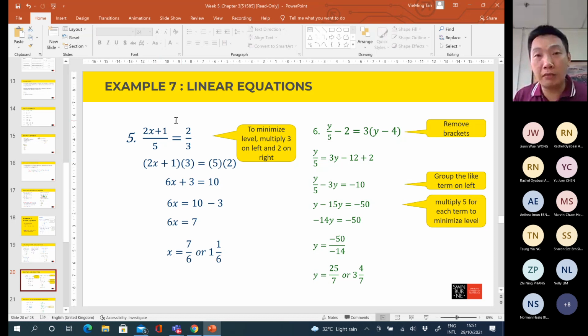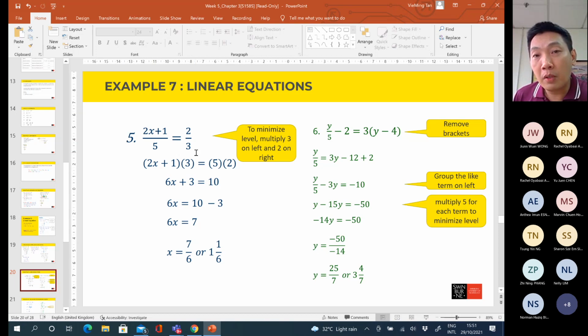Because each side has only one term, that means one house only, so the denominators can be freely moved to the other island. So the 5 can move to the right hand side and this 3 can move to the left hand side.